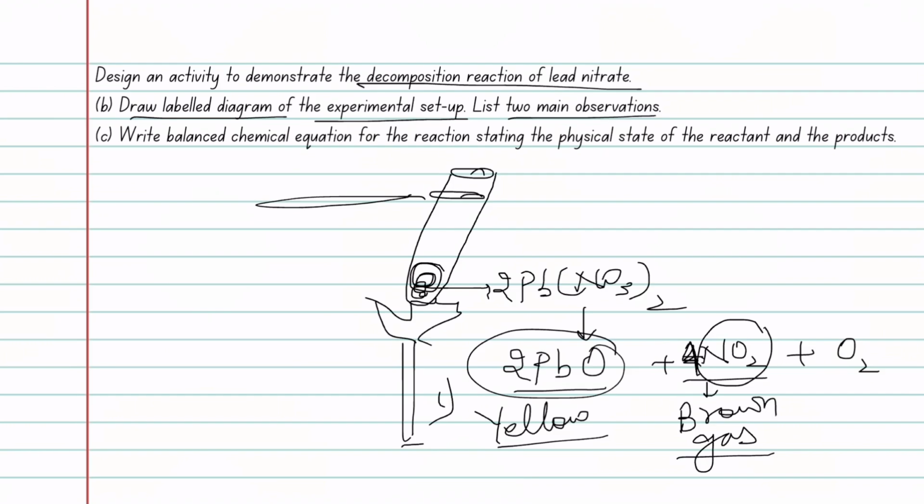The lead oxide is solid, nitrogen dioxide is gas, and oxygen is also a gas. And lead nitrate that we took in the beginning, that was also solid. Right? So we have stated the physical state of reactant and products. We have written a chemical balanced equation. Diagram and labeling done. Observations also you can write. Okay? Alright, moving on to the next question.